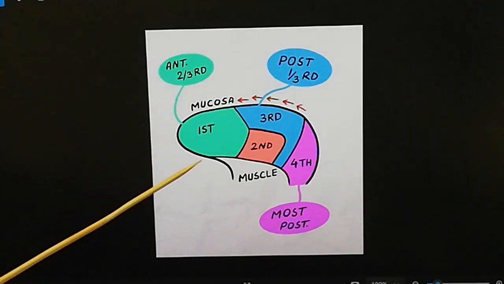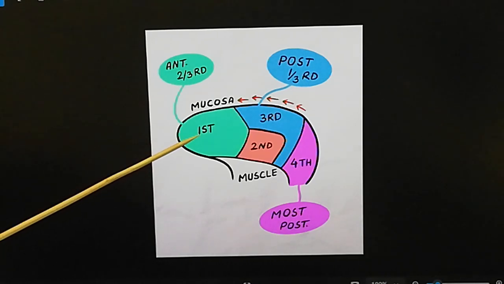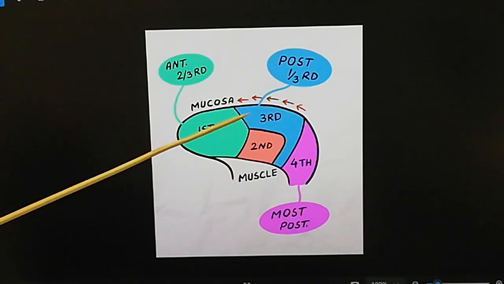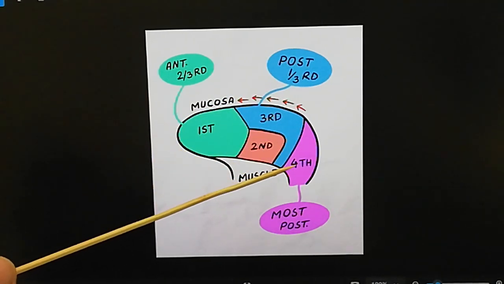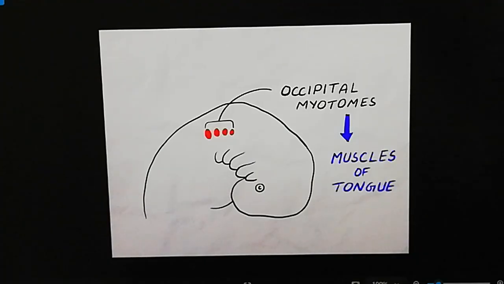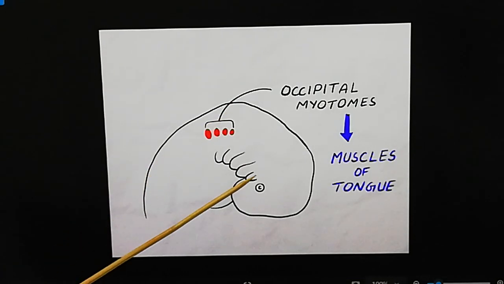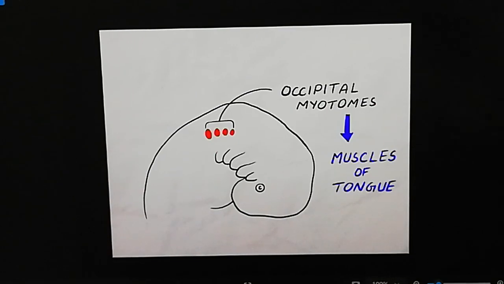Again, a schematic picture shows that this is the anterior two-third formed by the first arch, the second arch becomes buried, the third arch takes over to form the posterior one-third of your tongue, and the most posterior portion of the tongue is formed by the fourth pharyngeal arch. And to repeat, the occipital myotomes get into the pharyngeal arches to form the musculature of the tongue.